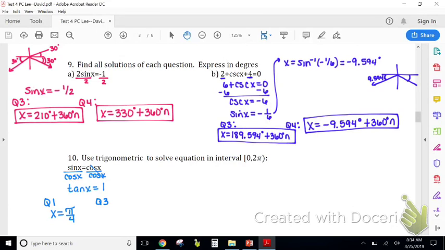And where in quadrant 3 are x and y the same? Something over 4. Right, something over 4. So your reference angle then is going to be pi over 4. And so what's pi plus pi over 4? 5 pi over 4. And so there's our two solutions.